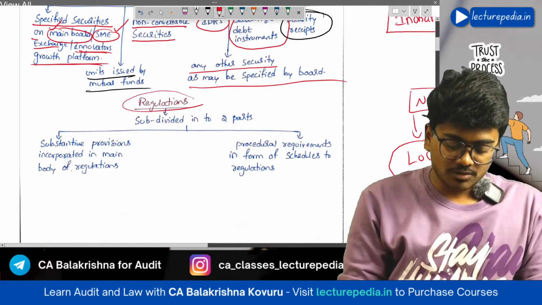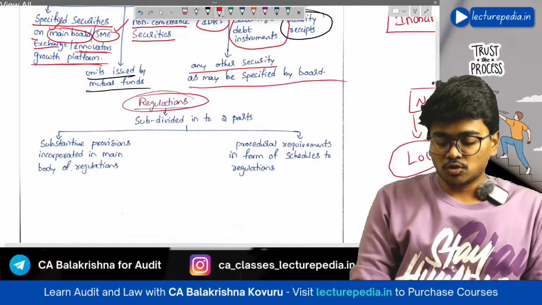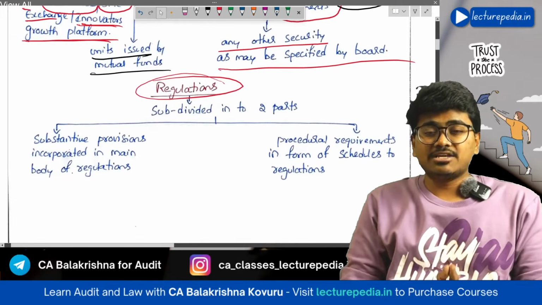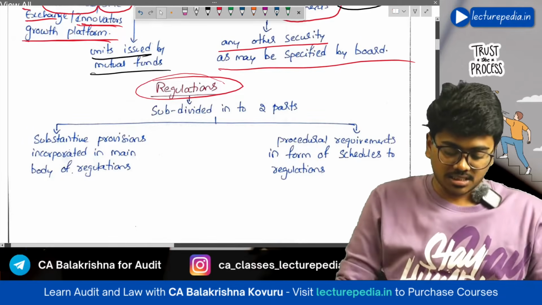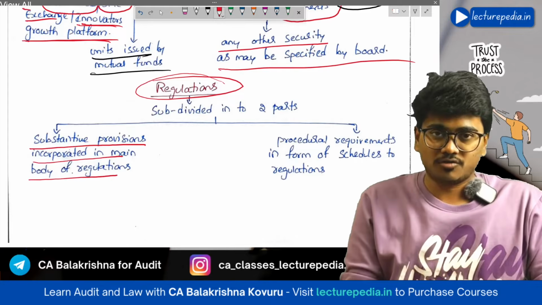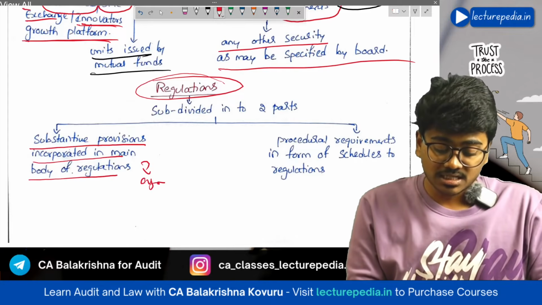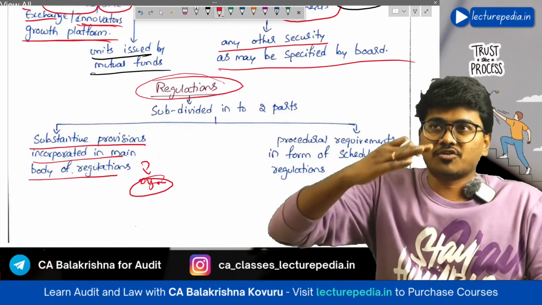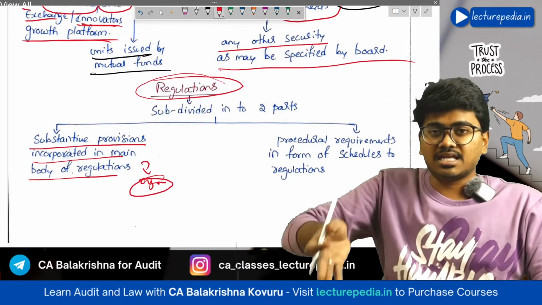Next, now coming to the regulations. Now if you see, LODR regulations can be divided into two parts. Those regulations that are actually given in the body of the regulations, that are substantive provisions incorporated in the main body of regulations, in the form of regulation 1, regulation 2, regulation 3, like this.